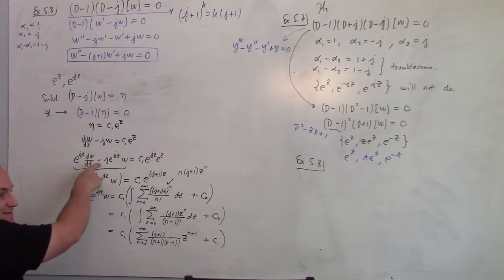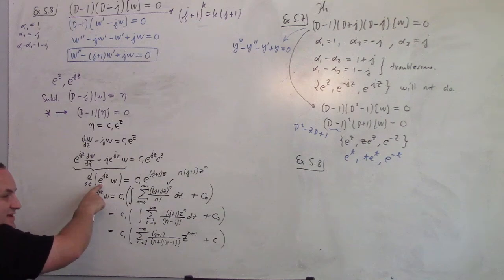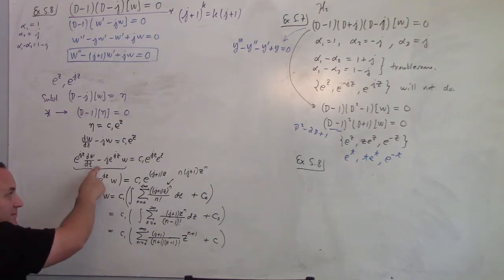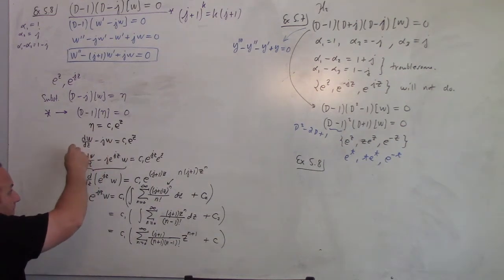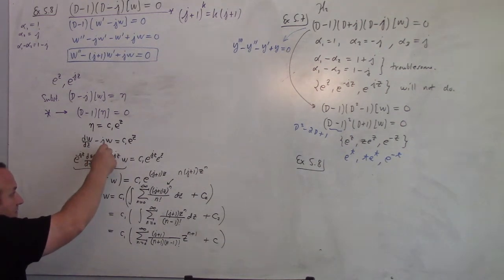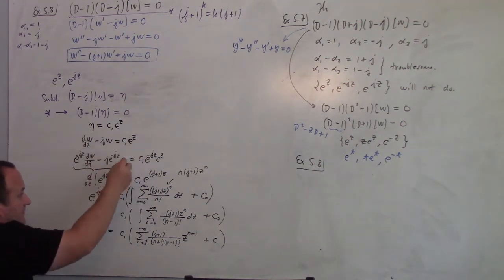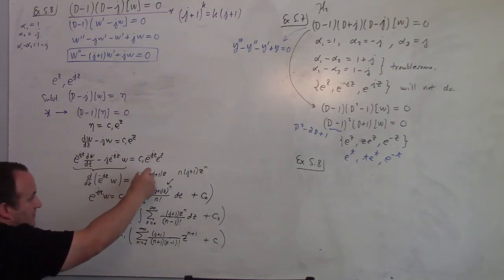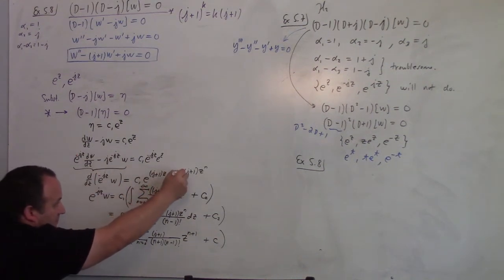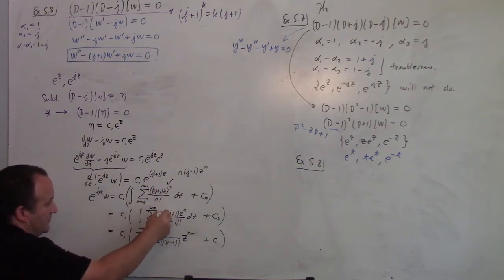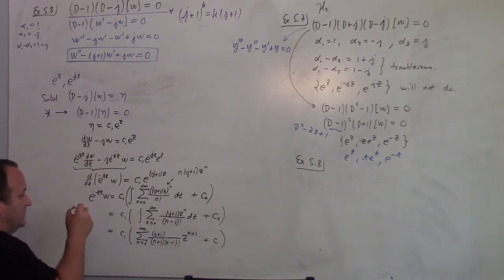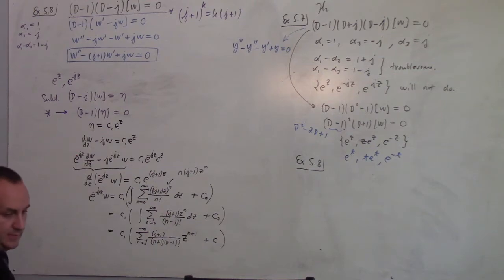This is not that. Because if you differentiate this, you get j e to the jz. Minus, so I need a minus. Alright, fine.